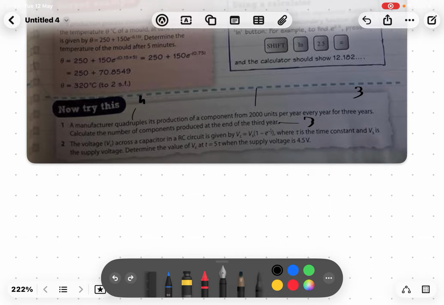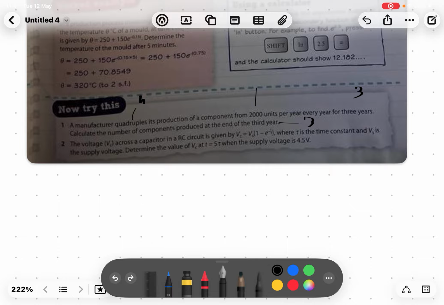Determine the value of V_C when the time is equal to 5T, when the supply voltage is V, equal to this.